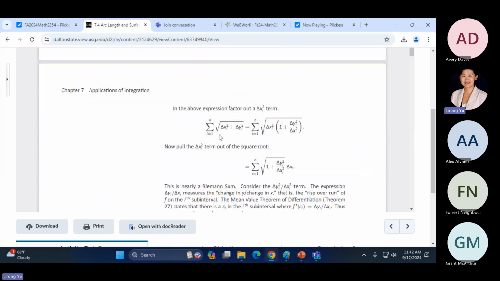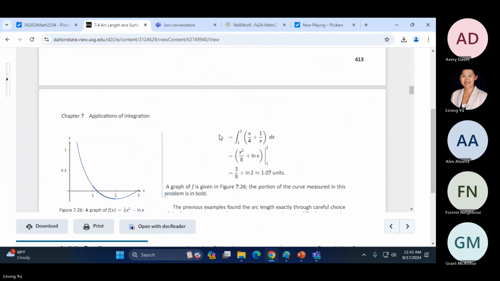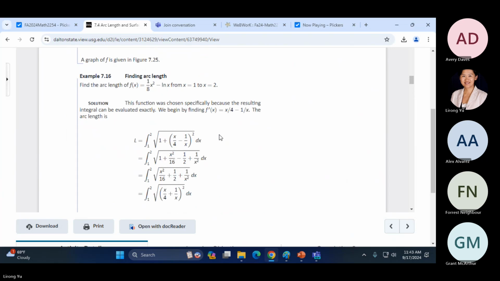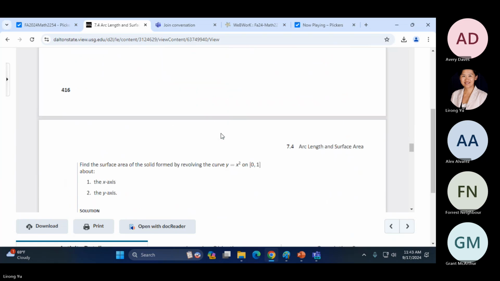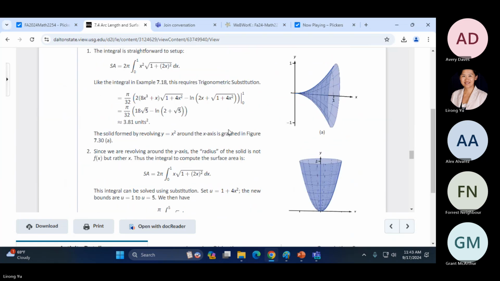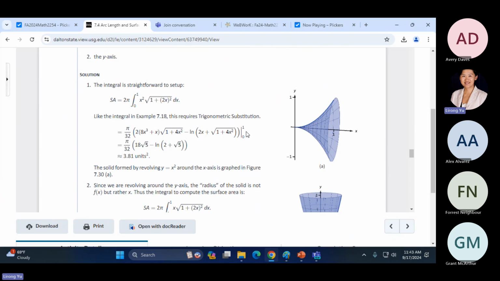With the last few examples, this is one that we did. Okay, so that's the solution being provided in the text. So we stopped right there. We want to calculate 2 pi x times the square root of 1 plus 4x squared integrated from 0 to 1.